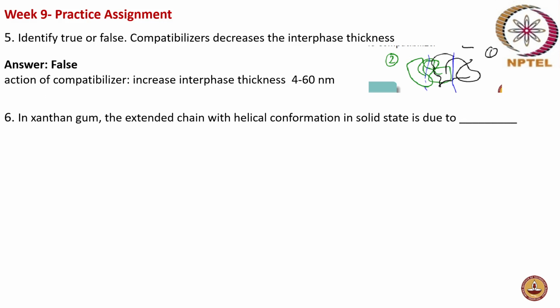It is a natural polymer, right? Yes, natural polymer. So natural polymers have three major classifications, do you remember? Polysaccharides, proteins, nucleic acids, right? Which one does it come under?